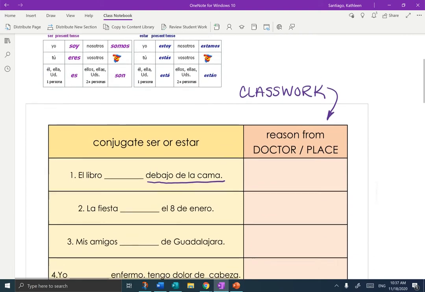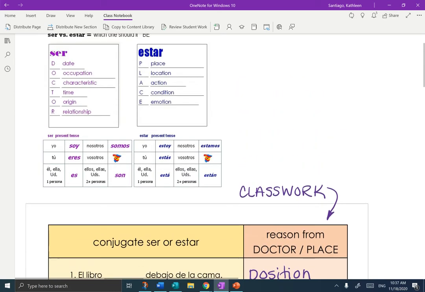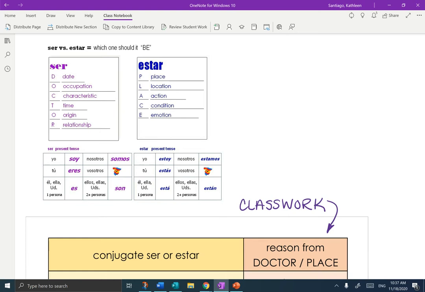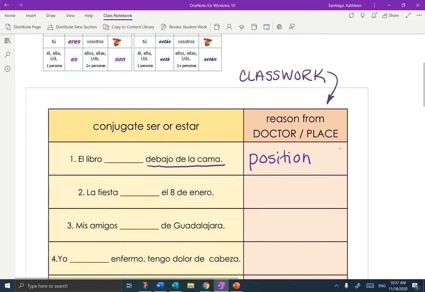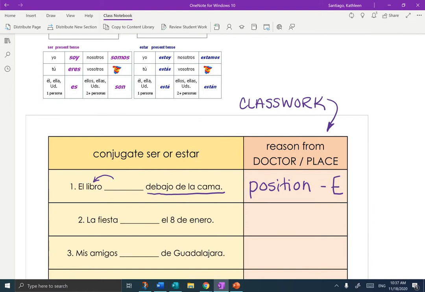So in the cream, in this kind of peachy area, I'm going to write position. Now that I've chosen position, I know that position means estar. So I'm just going to write an E here to remind me that it's estar. Now I'm going to take estar and conjugate it to match the item, which is el libro. We're talking about one book, so any one person or thing is going to be right here. So está. El libro está debajo de la cama.